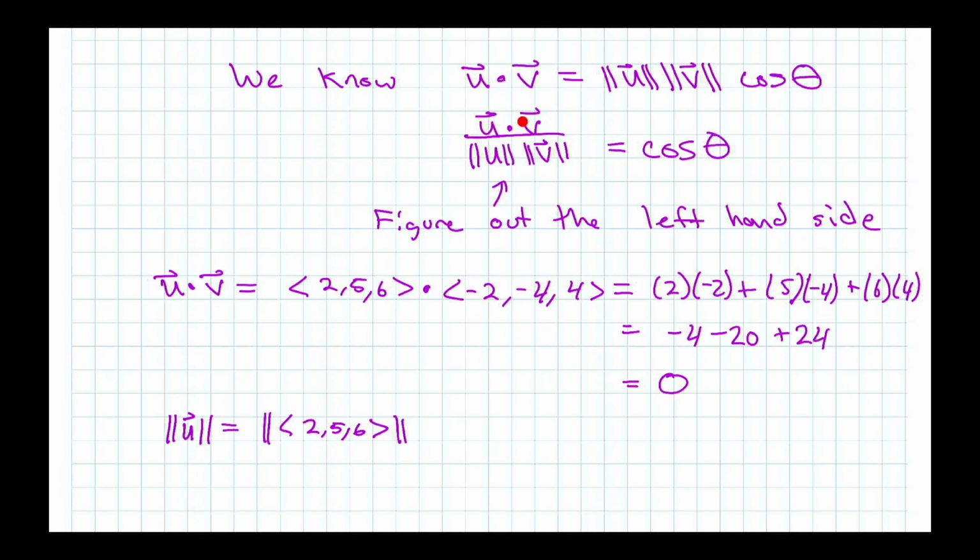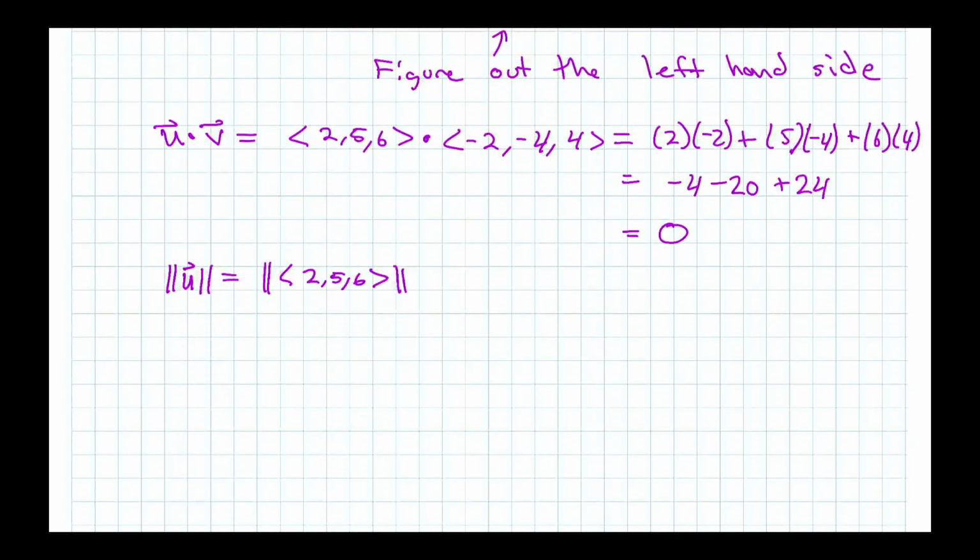If the top's 0, this entire fraction is 0, which means there's no real reason to calculate the magnitude of u or the magnitude of v. This entire thing is 0. That's why I said I'm going to ignore that this is 0 and just keep going, because normally you would be calculating this in order to solve this problem, right?